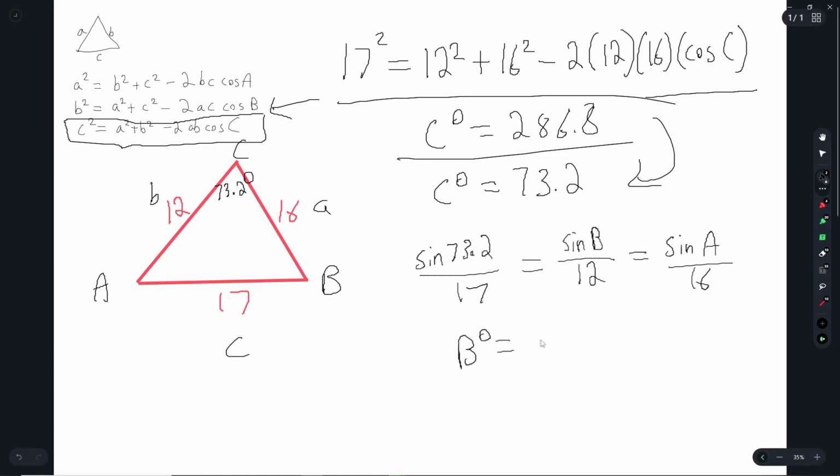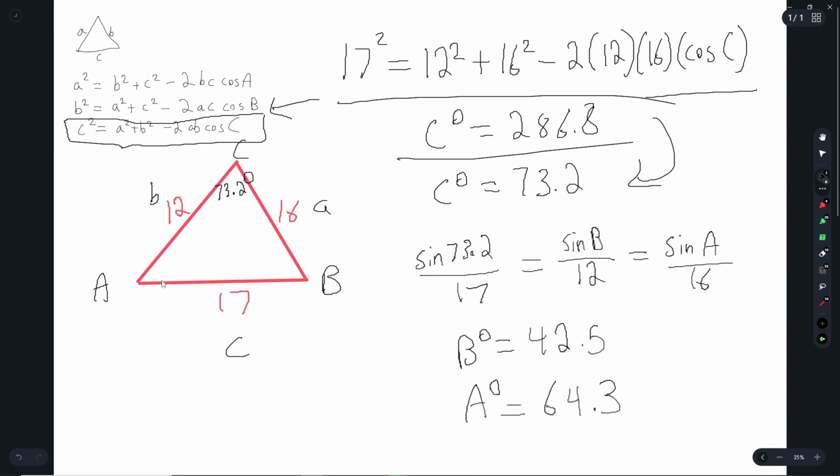So here I got B as 42.5. That's not a 42, it's 42.5. Then A, again on the calculator, 64.3.